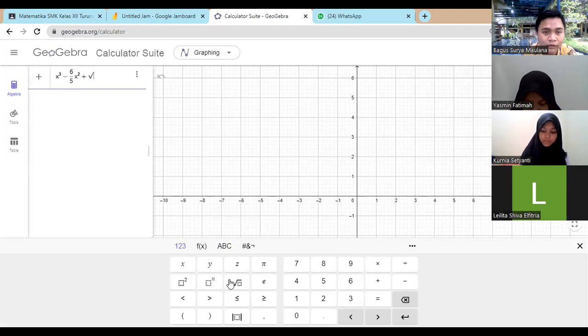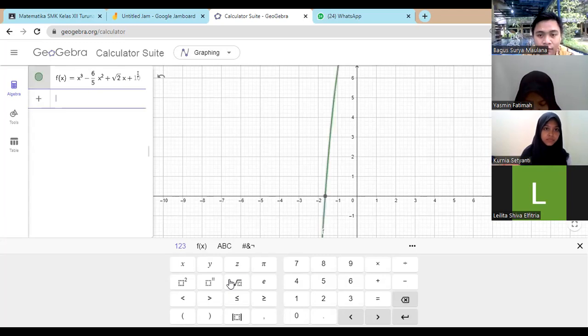Well, I read this function. Maybe someone in this class wants to give me the derivative of it. Okay, no one.